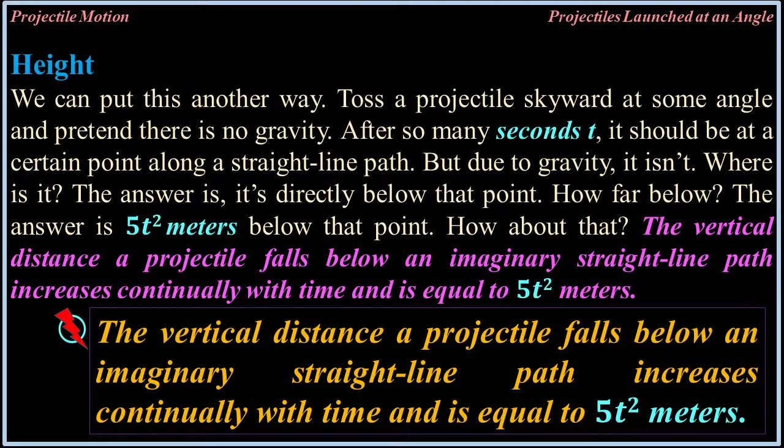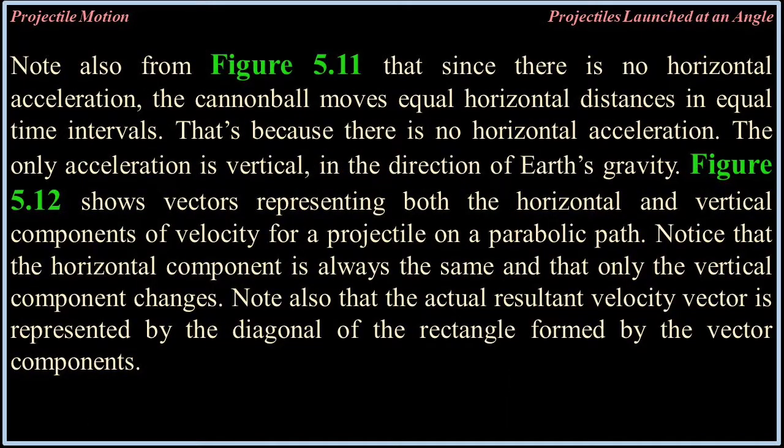The answer is 5t squared meters below that point. How about that? The vertical distance a projectile falls below an imaginary straight line path increases continually with time and is equal to 5t squared meters.